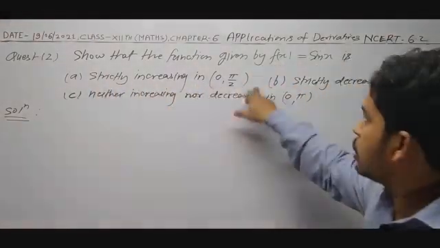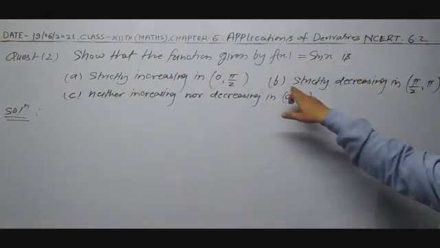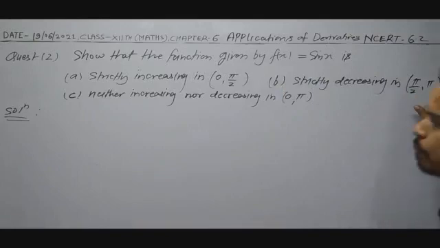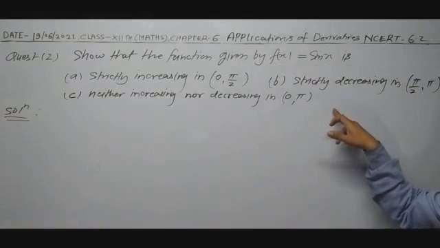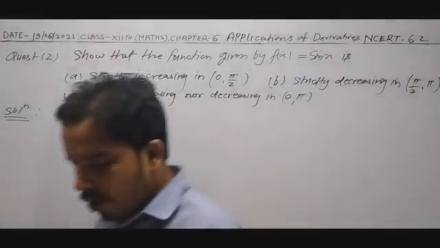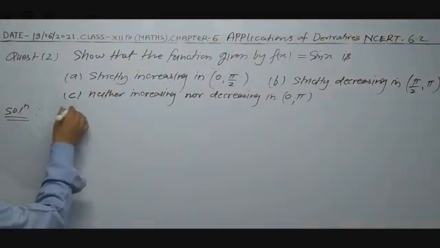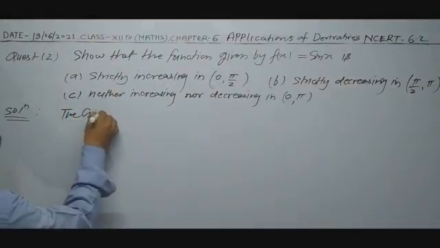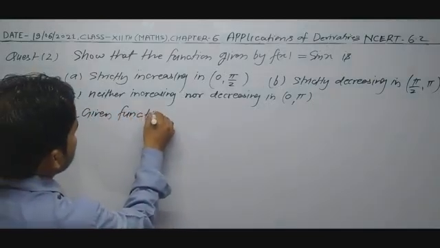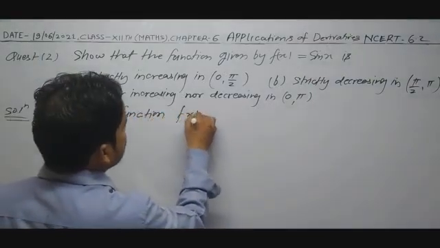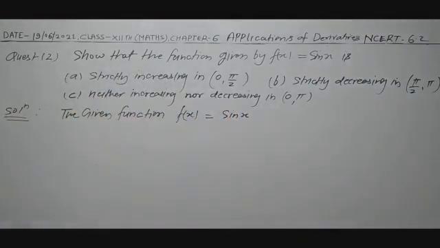We have to show this function is strictly increasing in 0 to pi by 2, strictly decreasing in pi by 2 to pi, and neither increasing nor decreasing in 0 to pi. So first part, we are going to show the given function f(x) is equal to sin x.